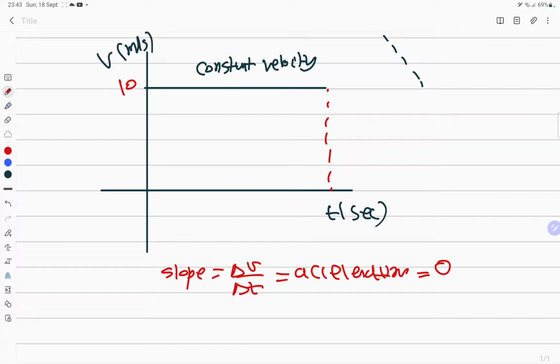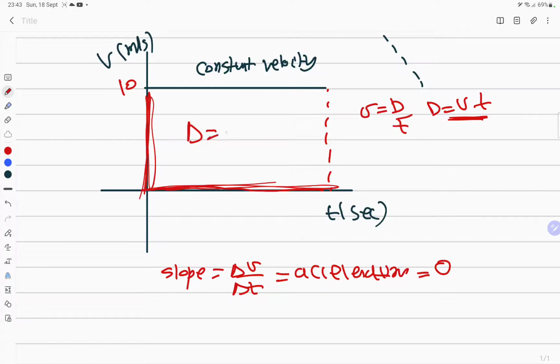And one more thing, the third piece of information you need to understand: velocity is equal to displacement over time, so displacement is equal to velocity times time. This is time, and that's velocity. So displacement is equal to velocity times time, which is the area of a rectangle.